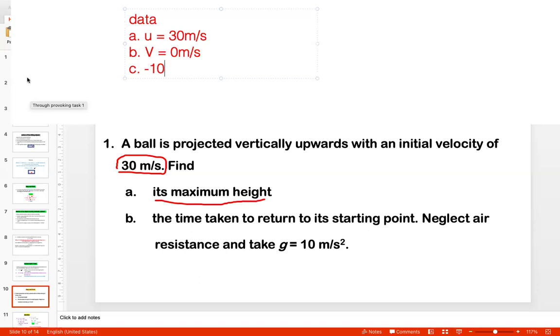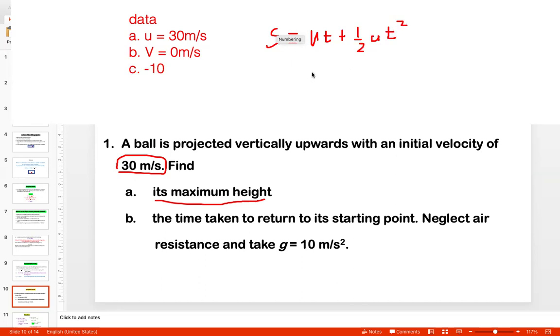So we can plug this in the formula. Distance is equal to ut plus half at squared, so we can definitely use this.